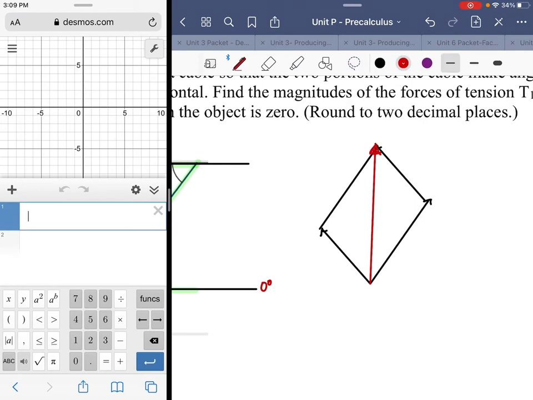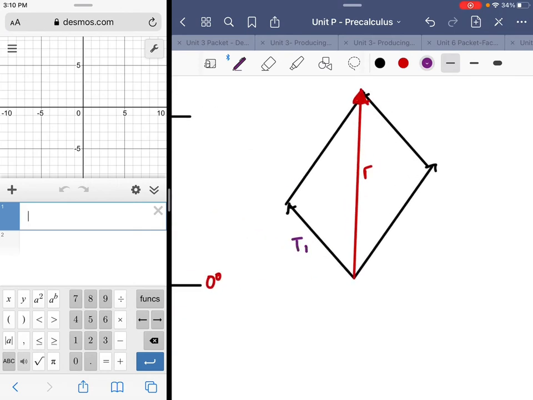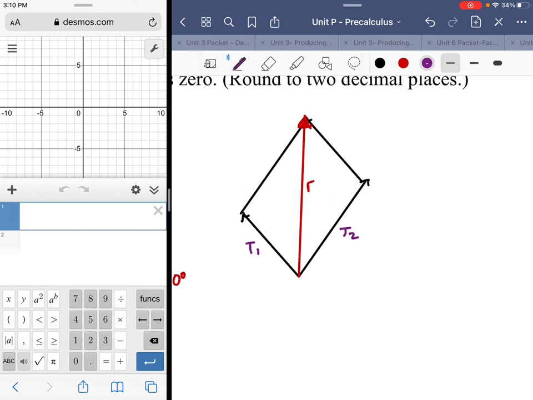So this resultant vector, that red for resultant, we'll call that R. That has to offset that 50-pound weight. So we have to have 50 pounds of tension in the positive direction to account for the 50 pounds of tension in the negative direction.